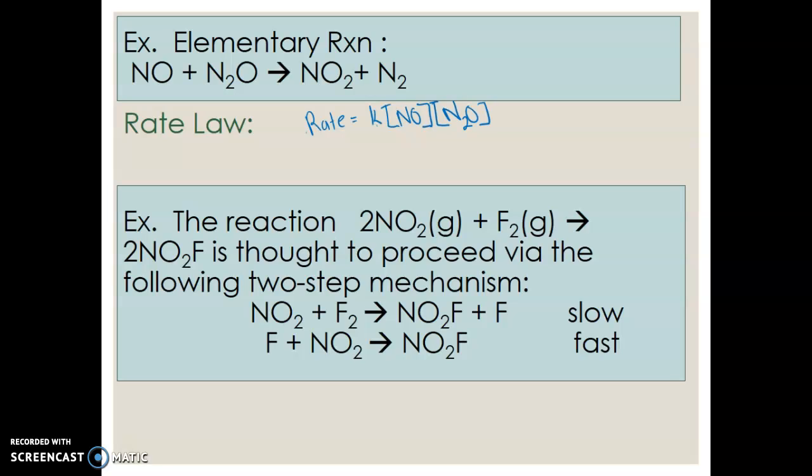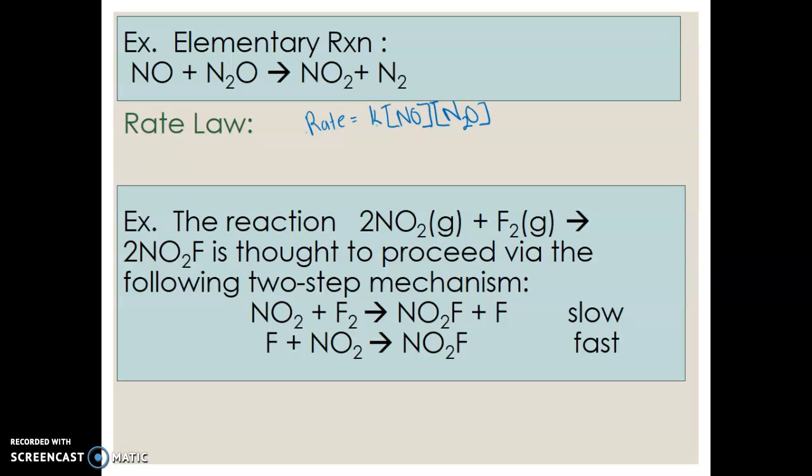This next reaction is a little bit more complex. It says 2NO2 plus F2 yields 2NO2F, and it is thought to proceed via the following two-step mechanism. We have NO2 plus F2 yields NO2F plus F, that is your slow step, and F plus NO2 yields NO2F.